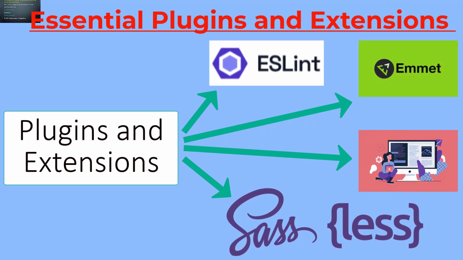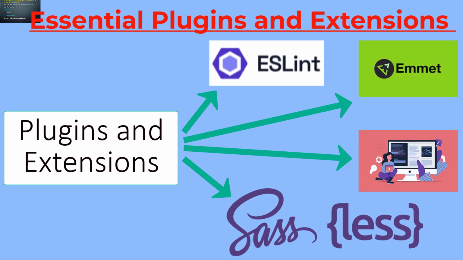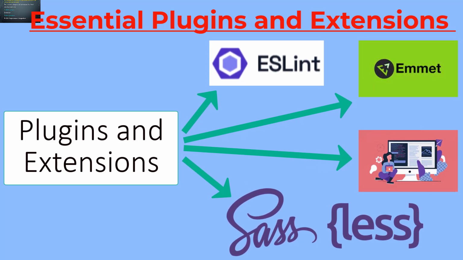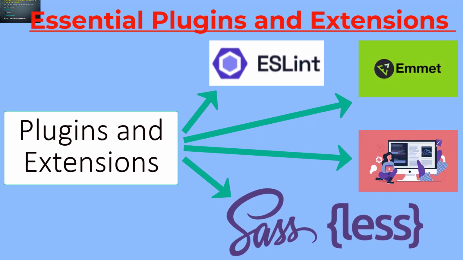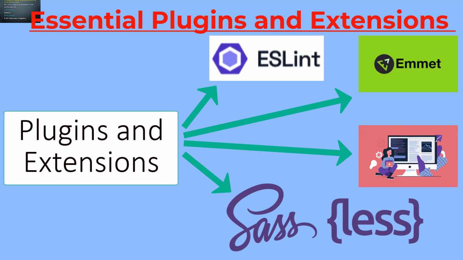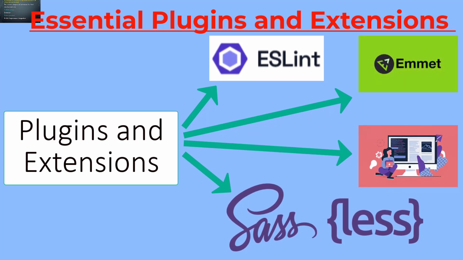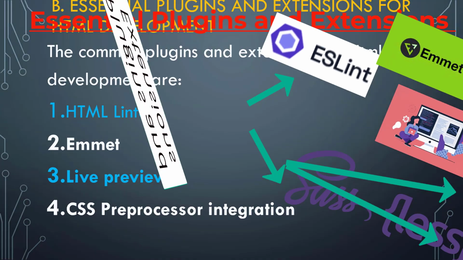These essential plugins and extensions optimize your productivity, code quality, and overall development experience. They help you write clean, error-free HTML, and speed up coding through shorthand syntax. They offer real-time preview and seamlessly integrate CSS preprocessing into your workflow.